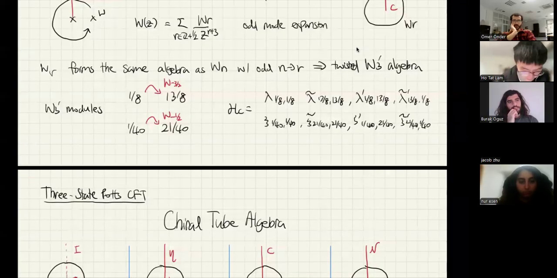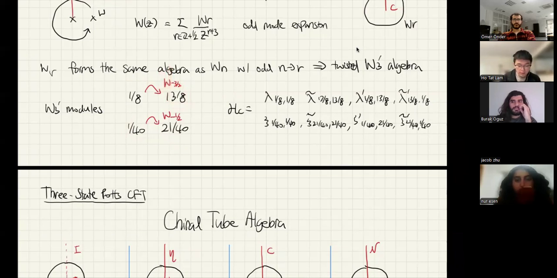So what happens is that there are 4 Virasoro primaries, and it turns out the 1/8 and the 13/8 are actually combined into one W3 prime module. They're connected by the action of W_{-3/2}. And 1/40 and 21/40 are also connected by a W_{-1/2}.